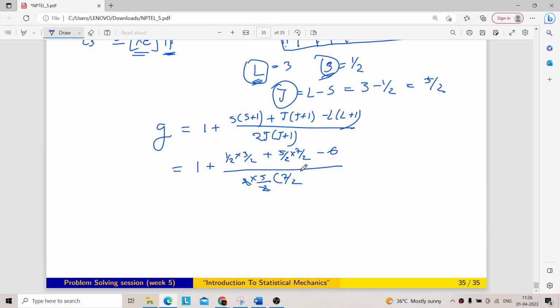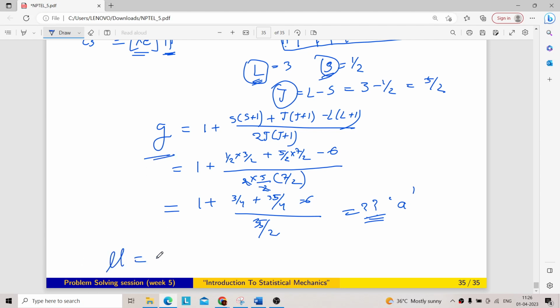So here it is equal to 1 plus 3/4 plus 35/4 minus 12, over 35/2. So we will get some number. I am just not calculating it anymore. So we will get some number A. Then we got g. Then we can find the magnetic moment as g into the square root of J into J plus 1.